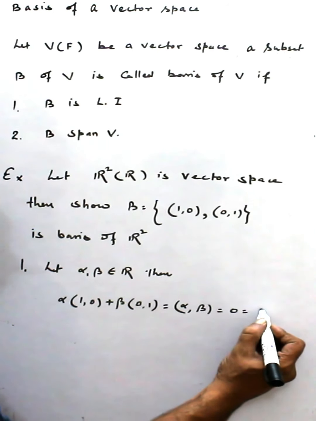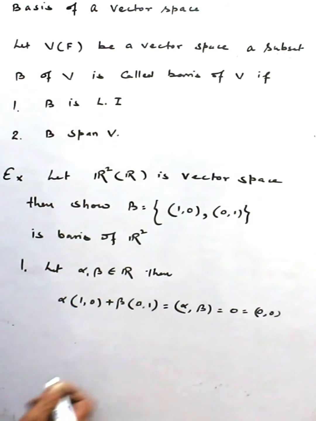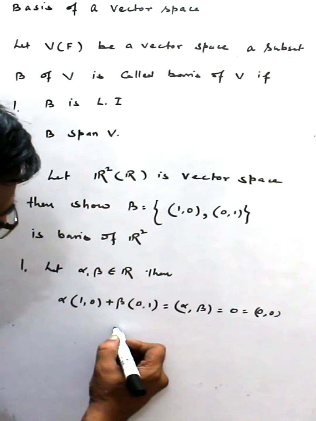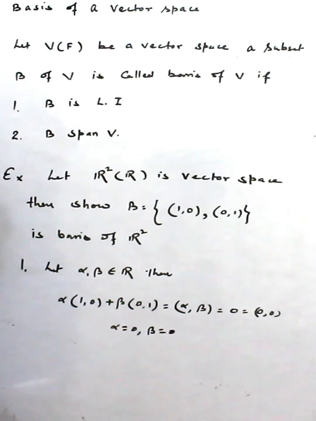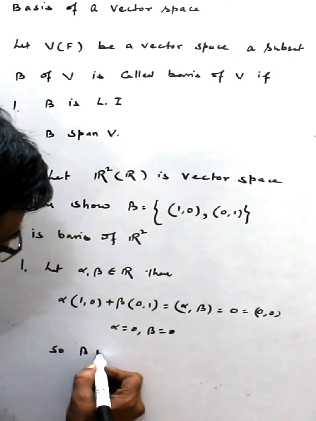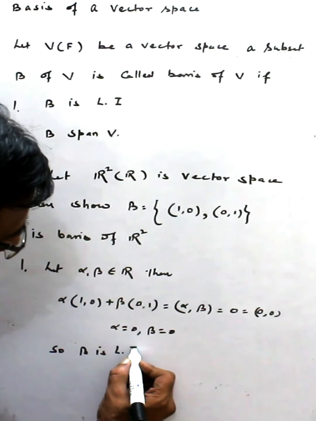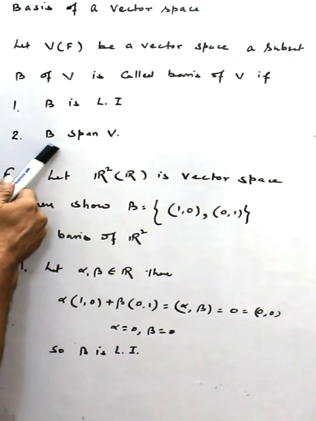This 0 means actually the (0, 0) vector. In examples we have done this. So by equating, alpha is equal to 0, beta is equal to 0. So B is linearly independent.